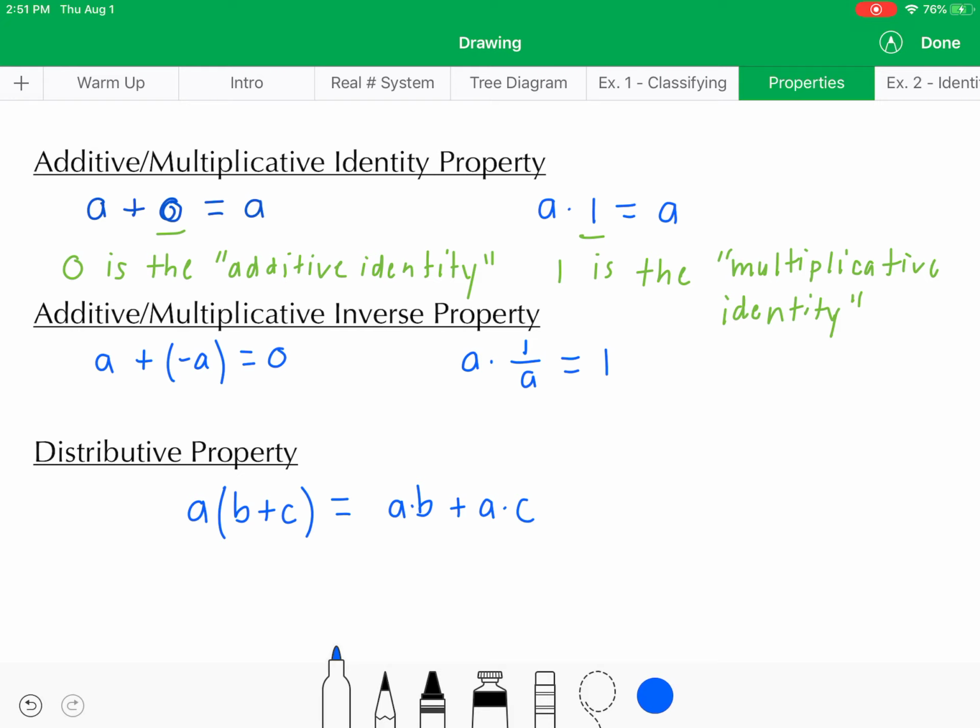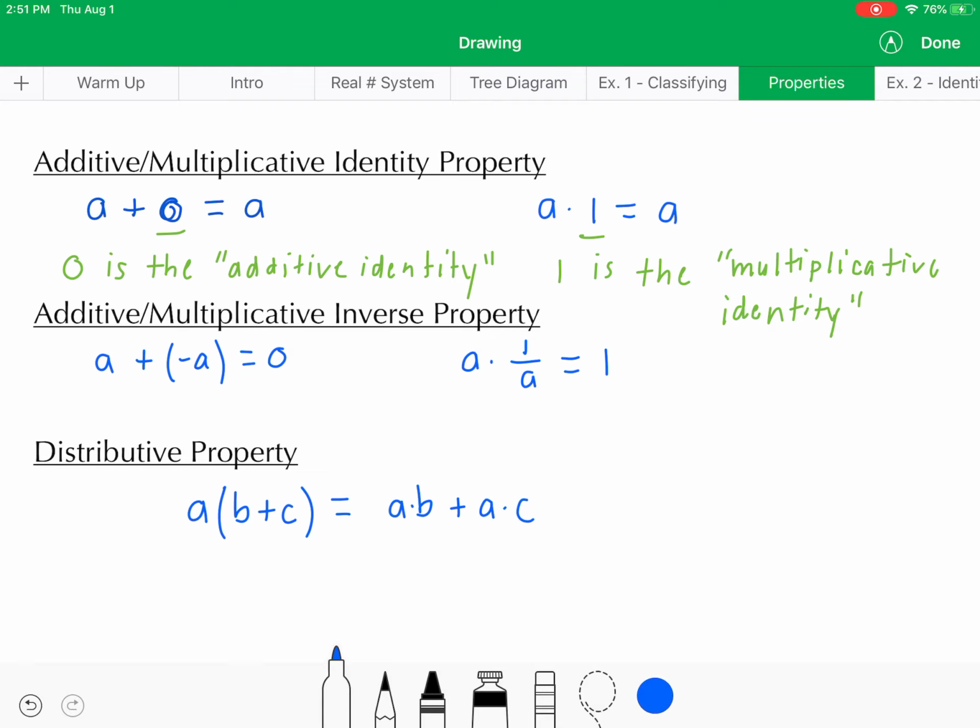So it's telling us here that if we're on the left side of the property, you're adding b and c together first, and then you're multiplying by a. Or you could multiply b by a first, c by a, then take the two results and add together.